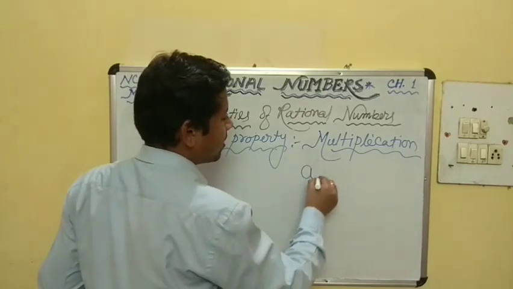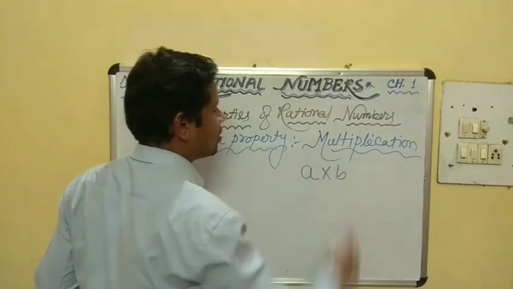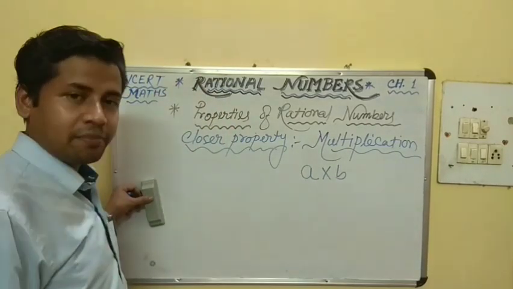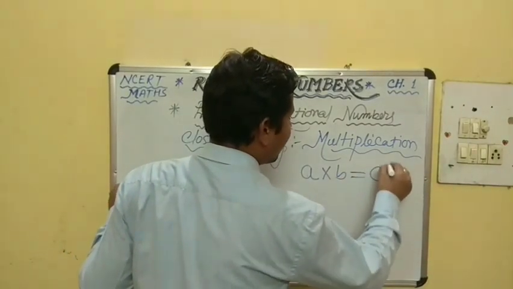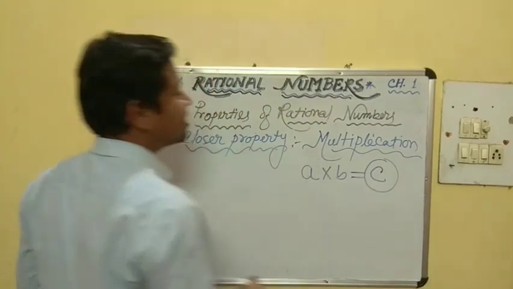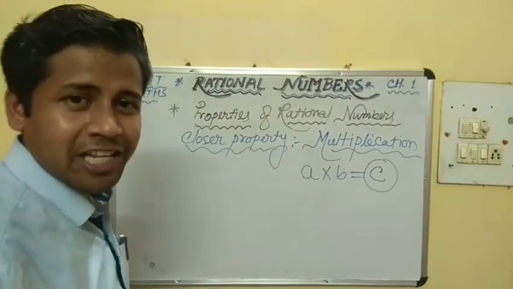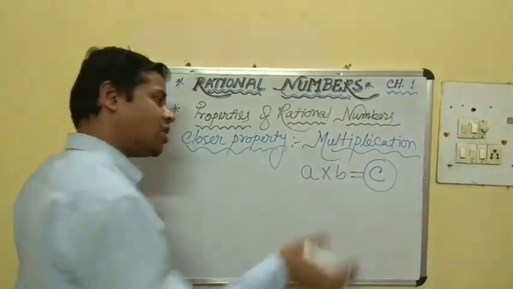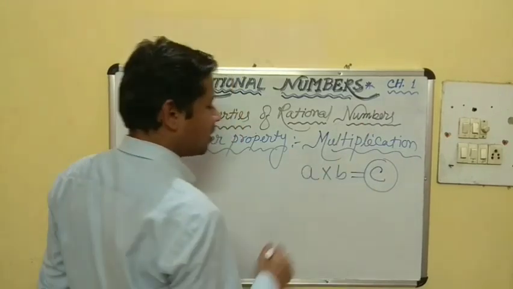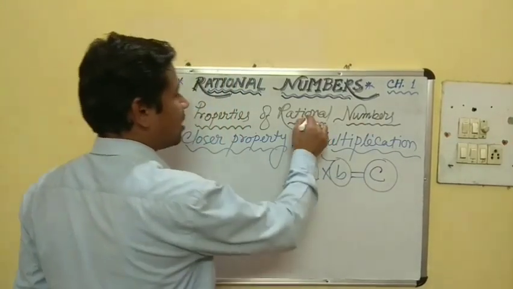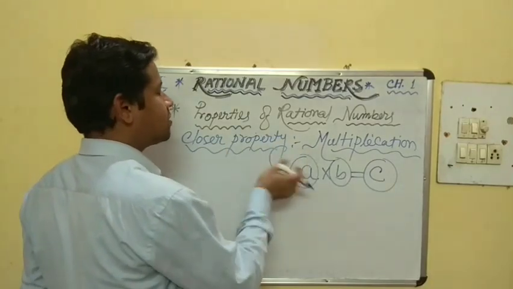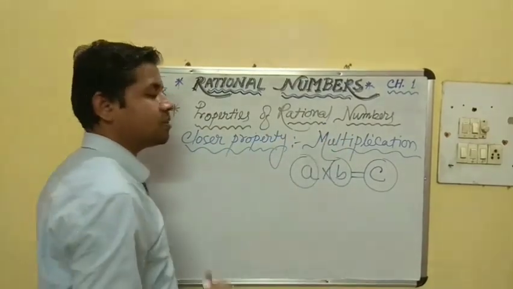If there are any two rational numbers, suppose A and B, and we multiply them and get a third number, and it is also rational, then we can say that rational numbers satisfy the closure property under multiplication.